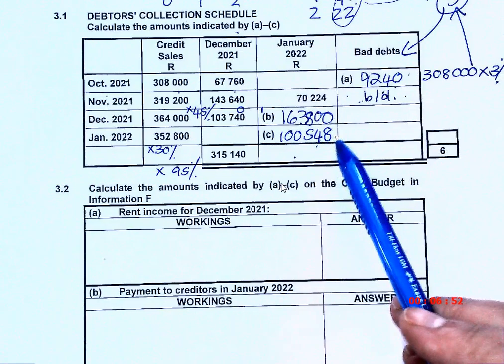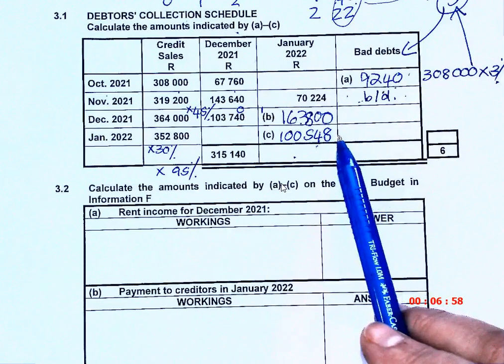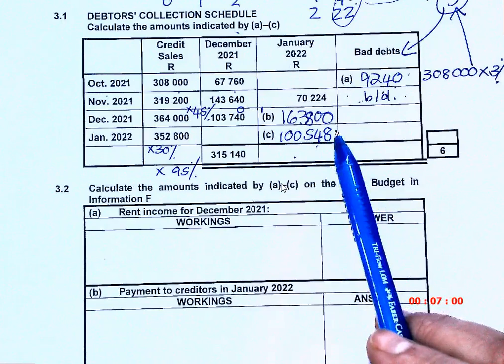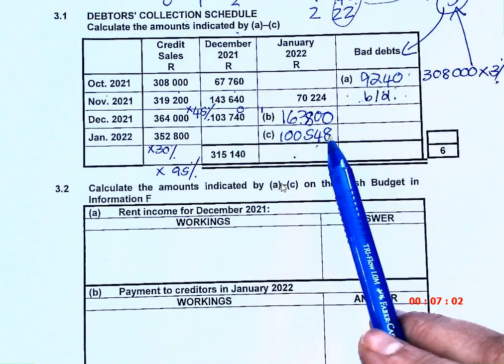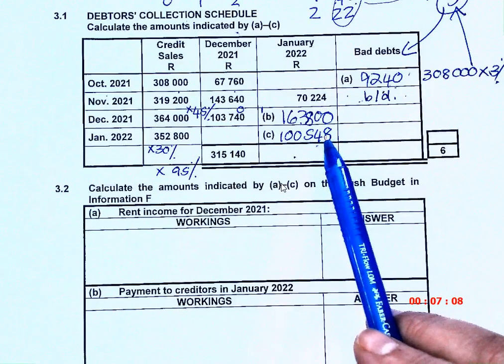Our amount is right. Our amounts are definitely not wrong. I think they use different sales. But now I cannot tell you why it was like that.